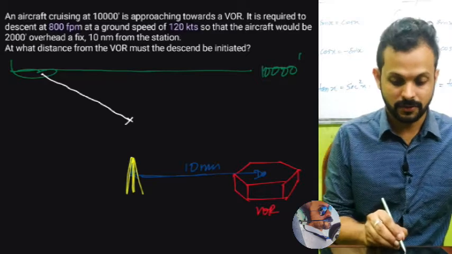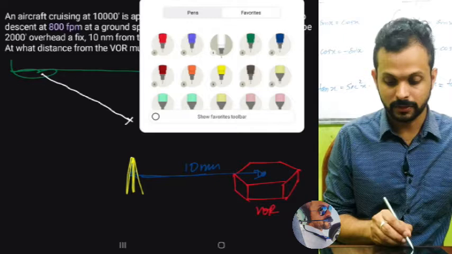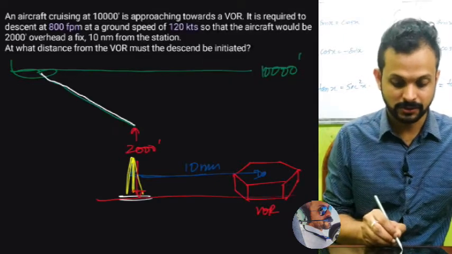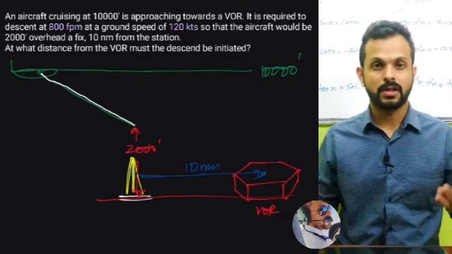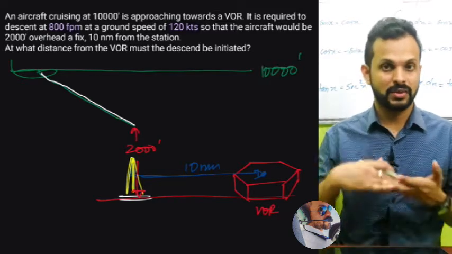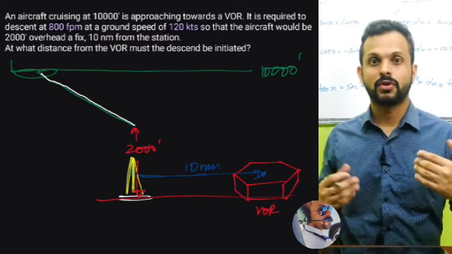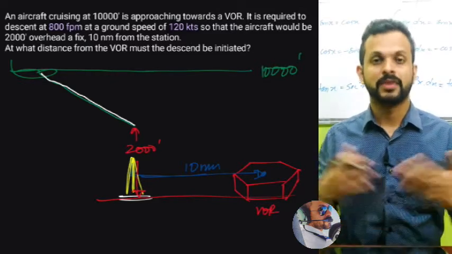That's measured from the ground. So this is the ground level, and the aircraft is 2,000 feet above the fix. So don't get confused with the height of the fix because it has nothing to do with this question. As you are overhead the fix, you're 2,000 feet above the ground level.